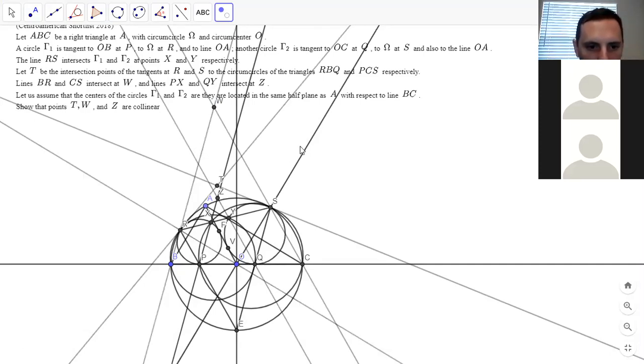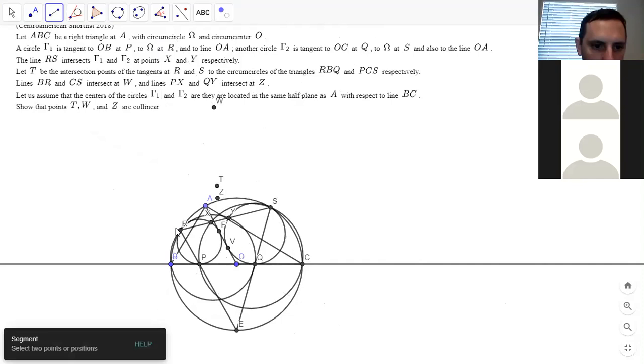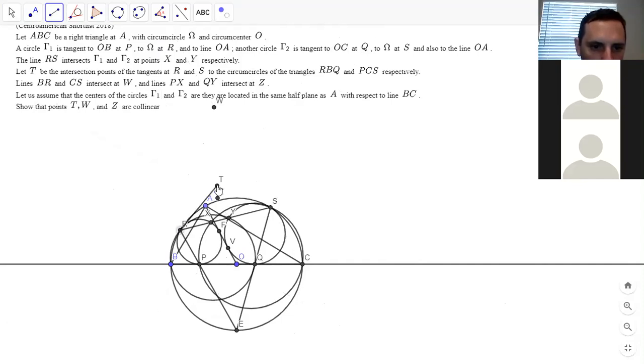I don't think I needed that. So yeah, I wonder if it feels a lot like Desargues, kind of. I wouldn't be surprised if it was just like a single application of Desargues.